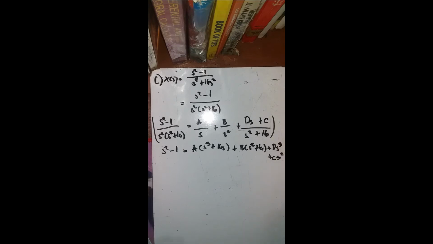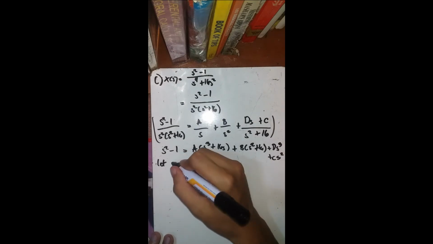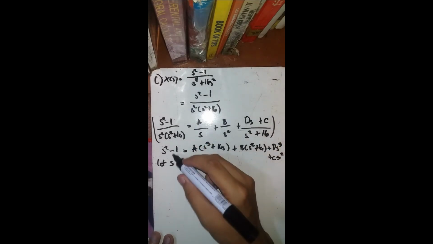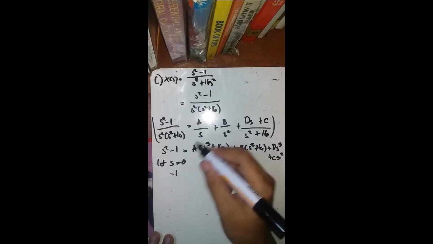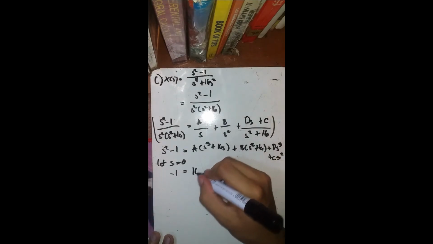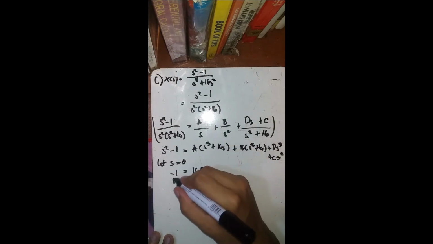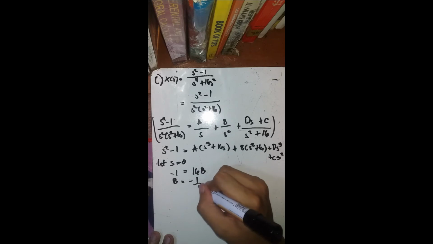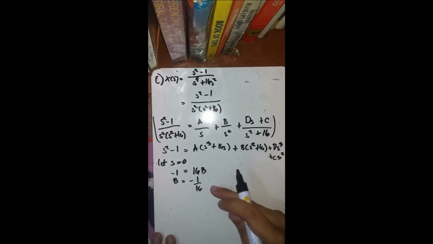So first we will let s equal to 0. So here we have negative 1 equals 16b. So your b is equal to negative 1 over 16. This will be your first variable.